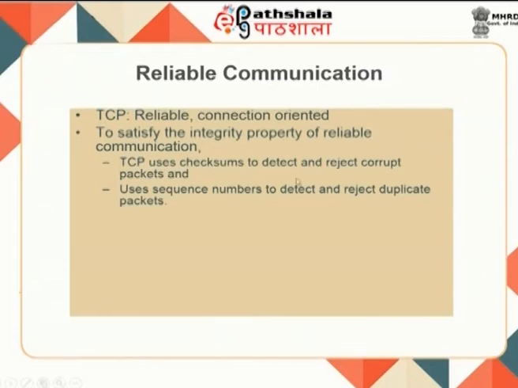It uses checksums to detect and reject corrupt packets, and it uses sequence numbers to detect and reject duplicate packets. So, TCP being a connection oriented protocol, it uses a mechanism of ensuring that each and every packet that has been sent by the sender has been received by the receiver and vice versa.